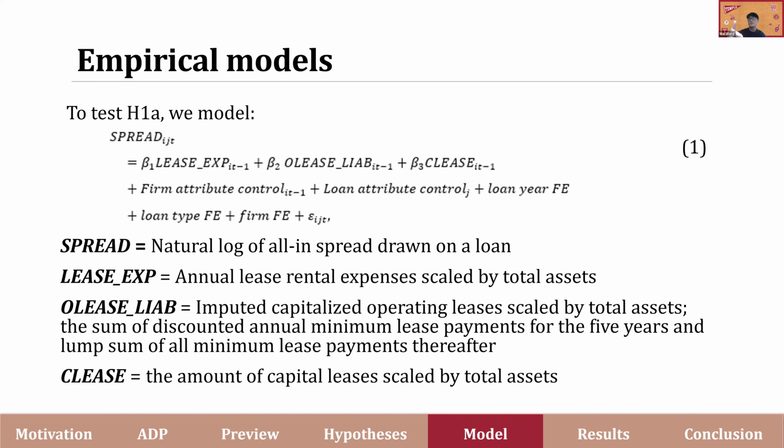That's lease expense from year 1 to year 5, discounted to the present value, and all the remaining future lease payments beyond the 5th year, again discounted to the present value. We also include capital leases or finance leases as defined under FASB rules, just to control for the potential impact of capital leases on loan interest rates.